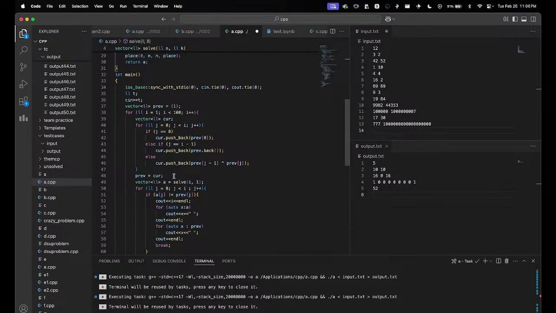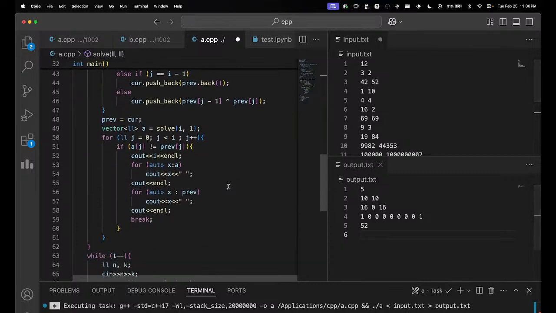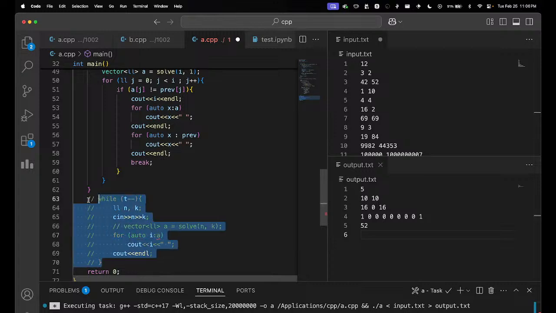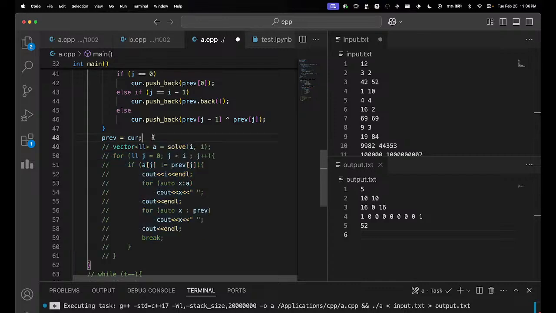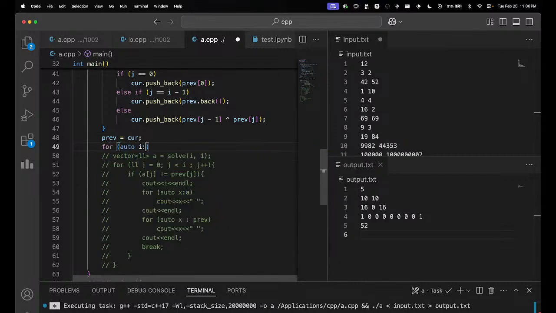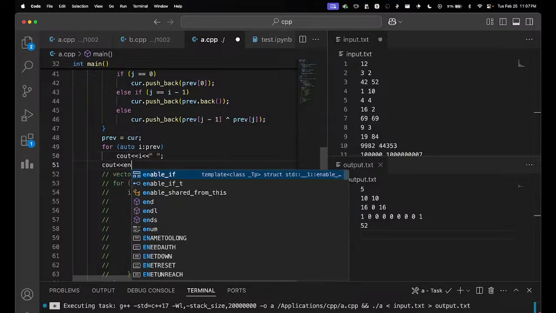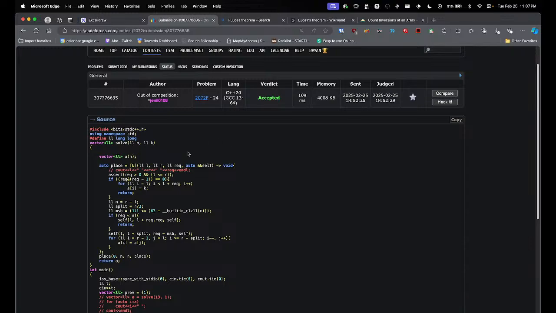What I'm doing is I don't call the solve function at all, and this also I don't compare. I just, okay. So now I took k equals 1.